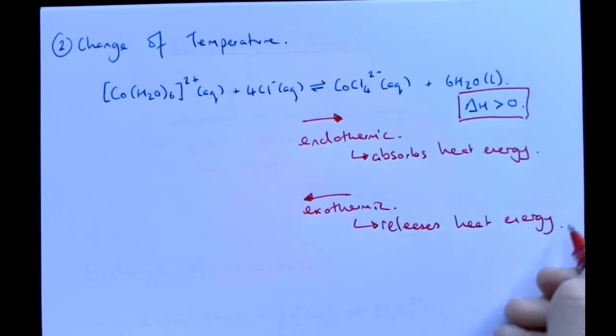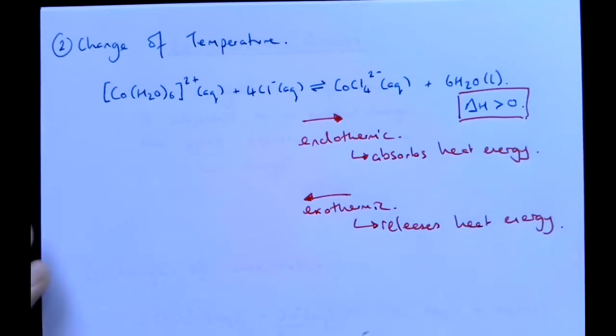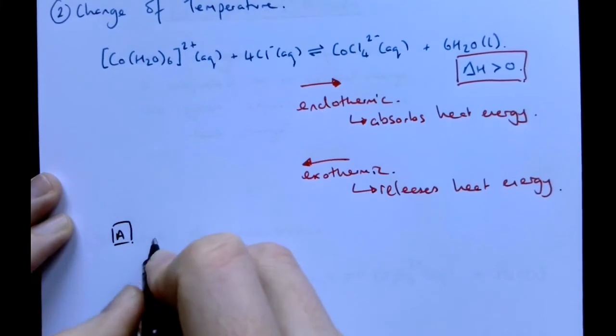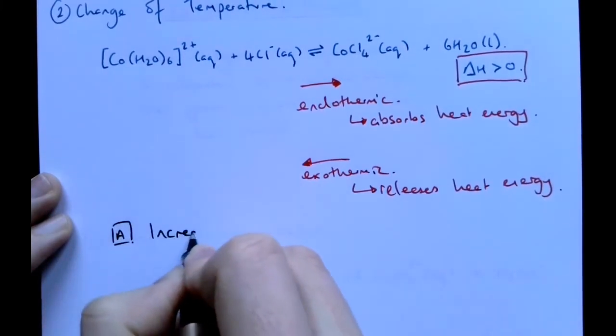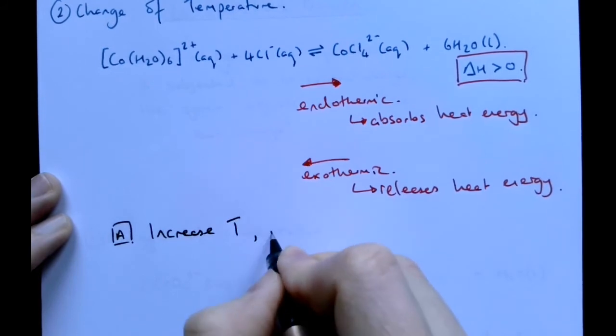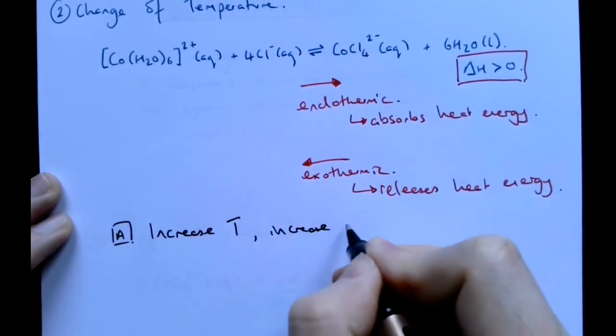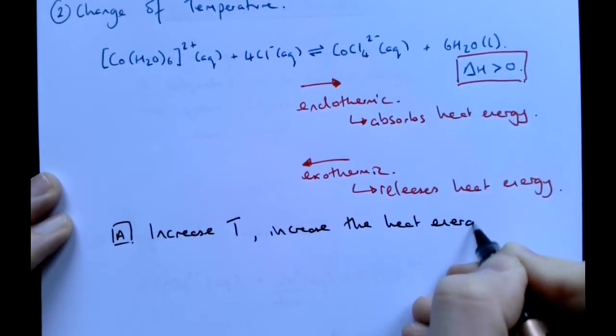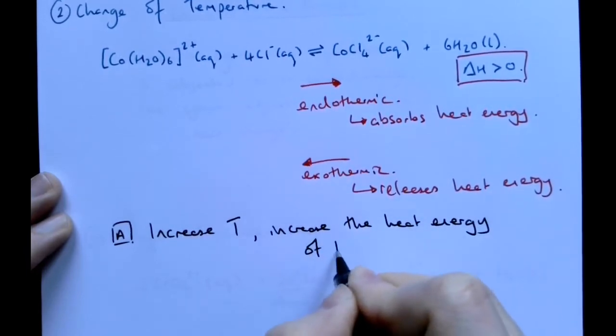So again, we're going to just look at two situations. Situation A will be what happens if I increase temperature. Increased temperature will increase the heat energy of the system.